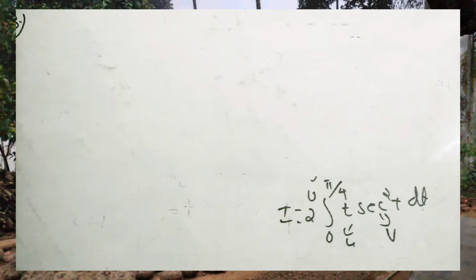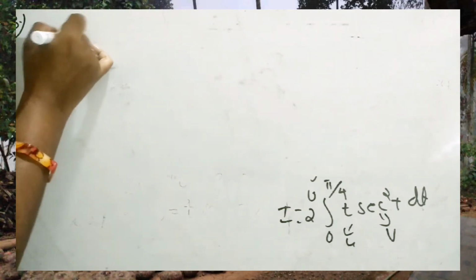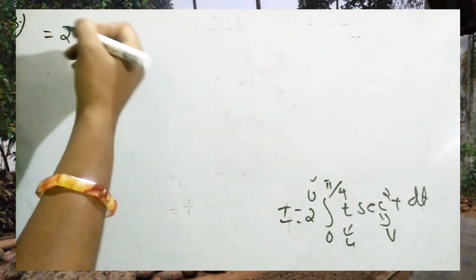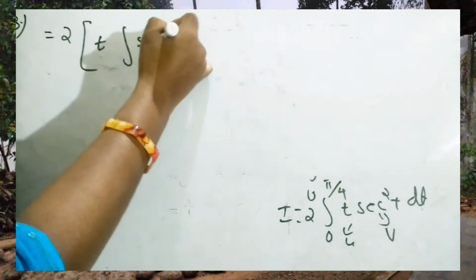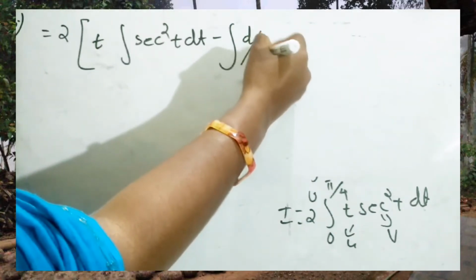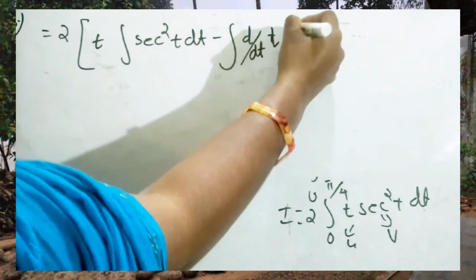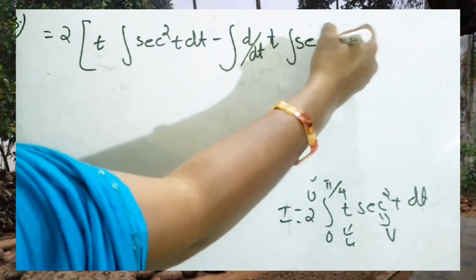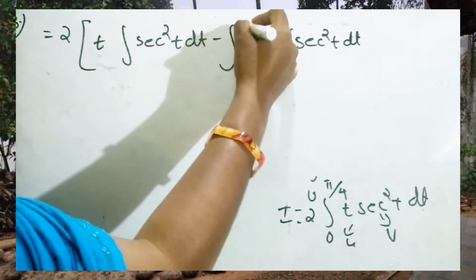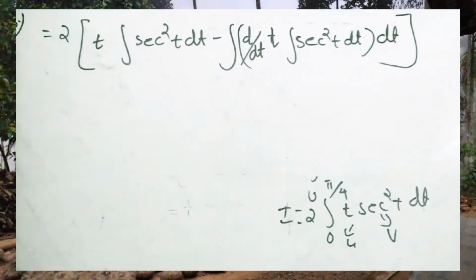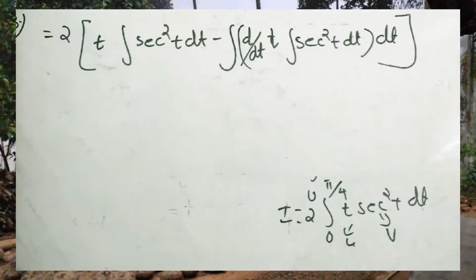So by using integration by parts, that 2 is constant, u into integral v dt minus integral d by dt of u into integral v dt into dt, and we need to give the values 0 to pi by 4.